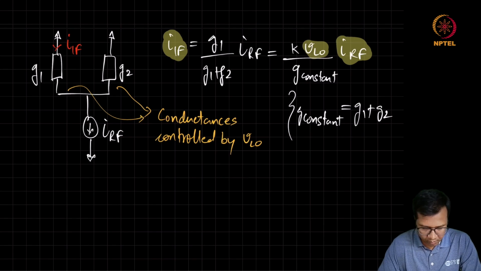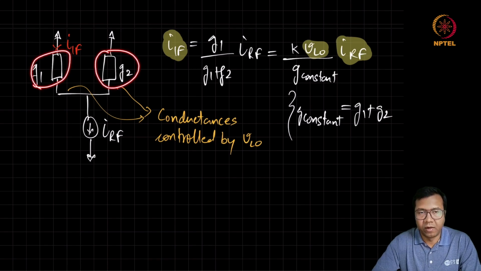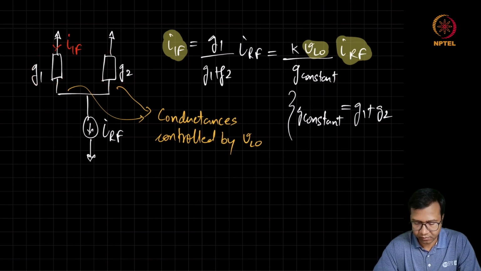Now, the way we see here, the most critical blocks are these voltage controlled conductances. And it turns out that in a CMOS process, we can easily design this voltage controlled conductance with the help of a MOSFET.